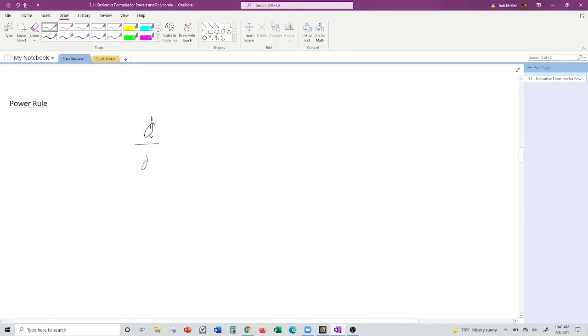Alright, so we have d dx of x to some power n. Okay, if we're trying to take this derivative of x to some power, the way we calculate this derivative is we pull the exponent down, make it a coefficient, so now we have n times.